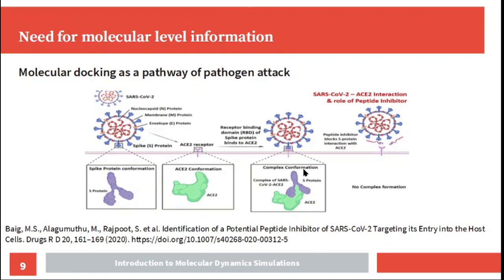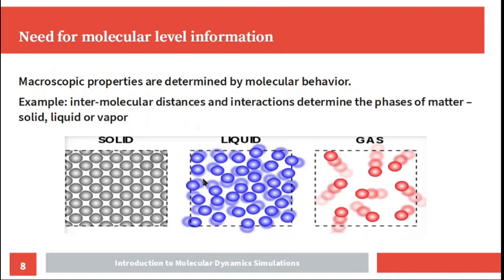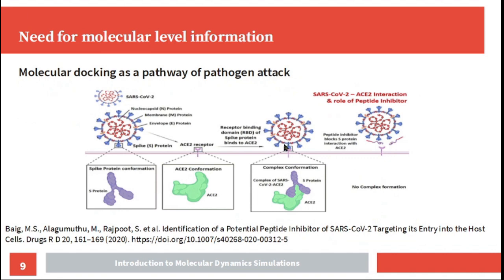But if you want to do that, you need to understand the molecular geometry, or in general geometry of the acceptor and the receptor, and all these things have to be understood at the molecular level. So you need to have a molecular level understanding in order to effectively find a solution to a pathogen attack.